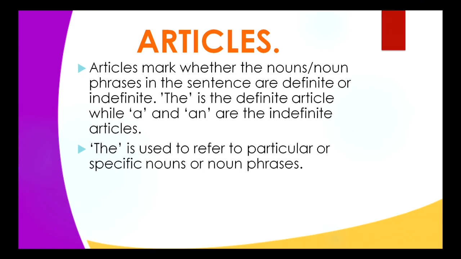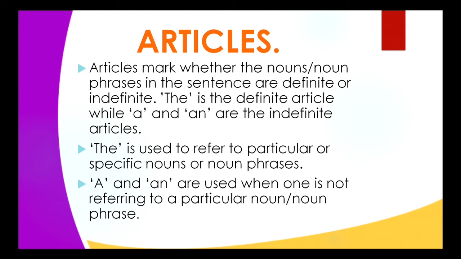The is used to refer to particular or specific nouns or noun phrases, while a and an are used when one is not referring to a particular noun or noun phrase. If a teacher sent for, maybe he sent a prefect to pick the boy from a class, it's a boy that the teacher has encountered in a previous situation.